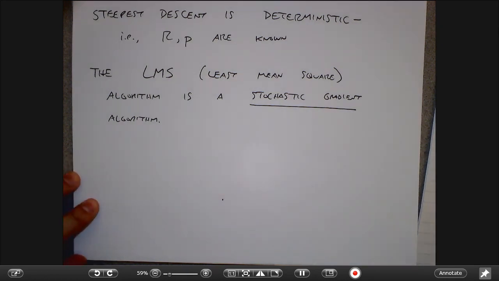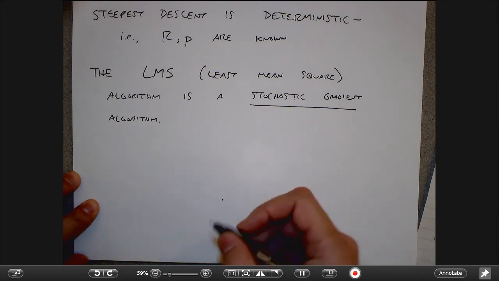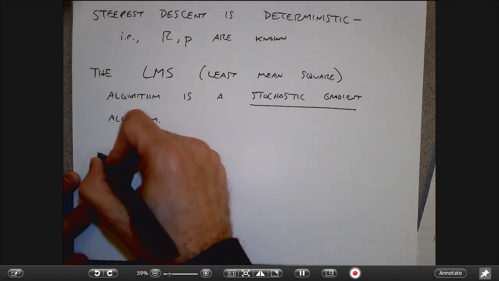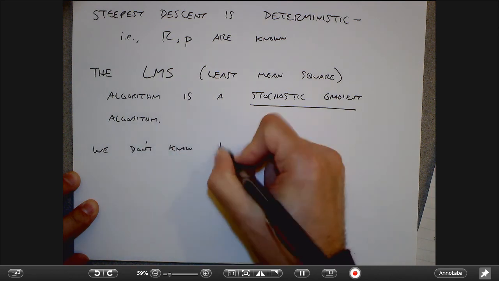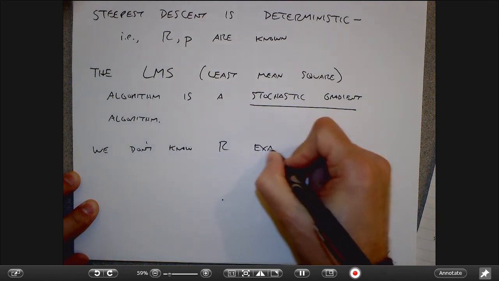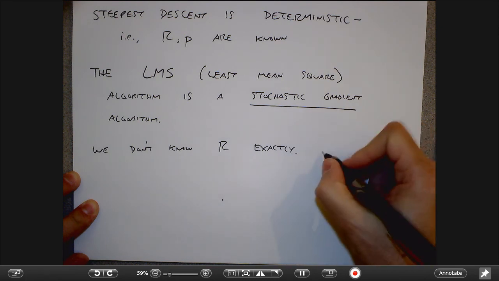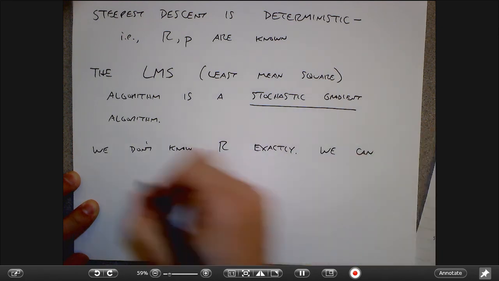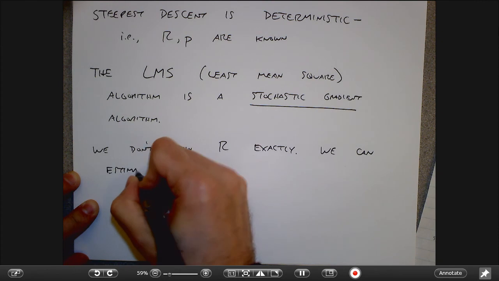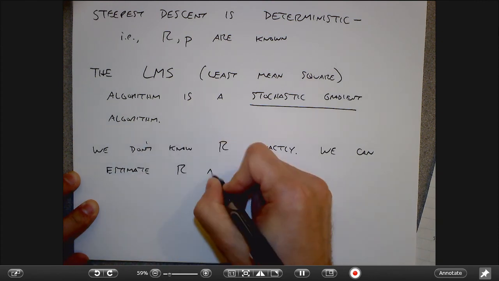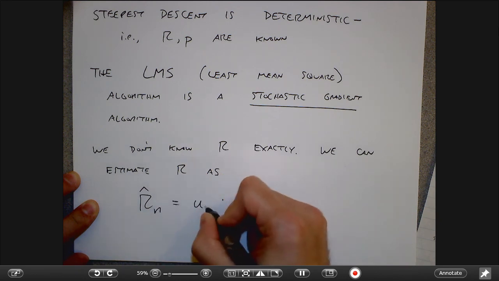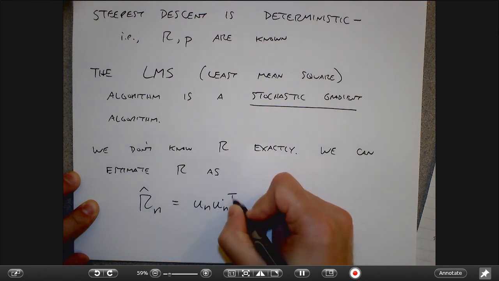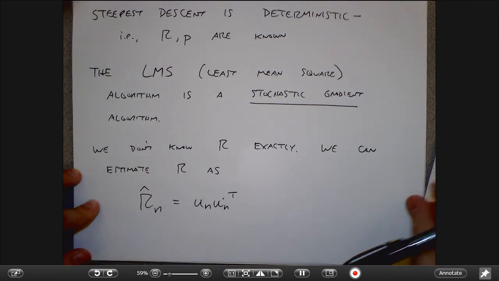So the idea is that what I would do instead would be to say, okay, I don't know R exactly, but we can estimate R as R hat n, u n transpose. So what do I mean by that?